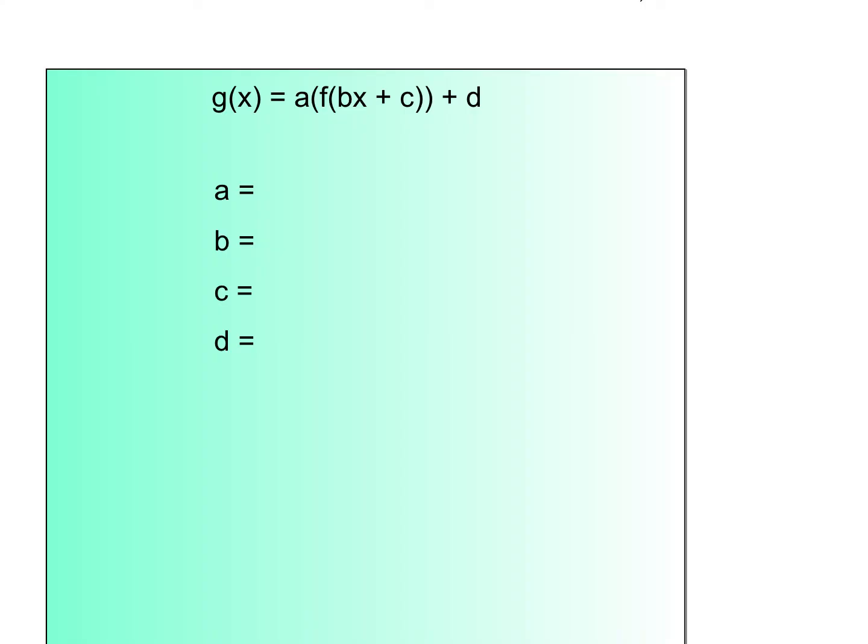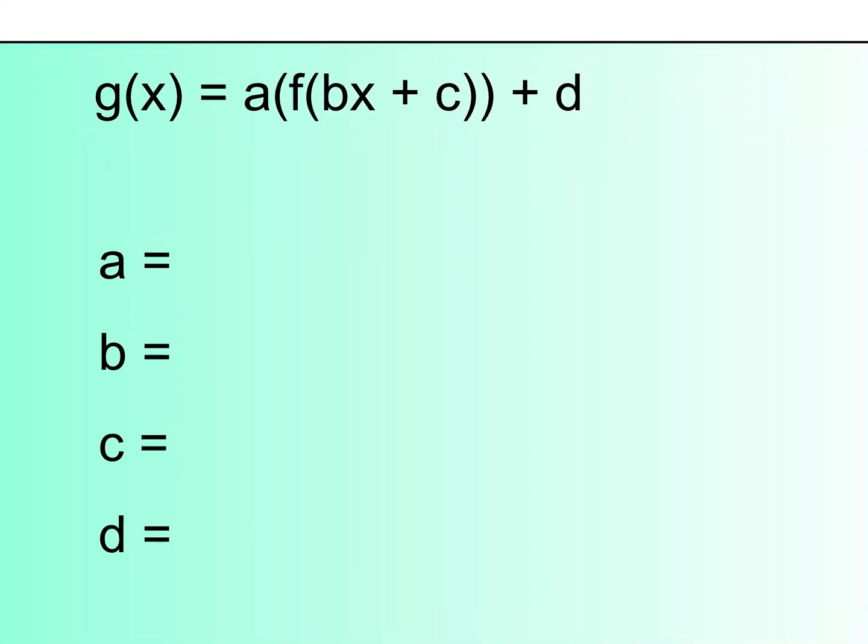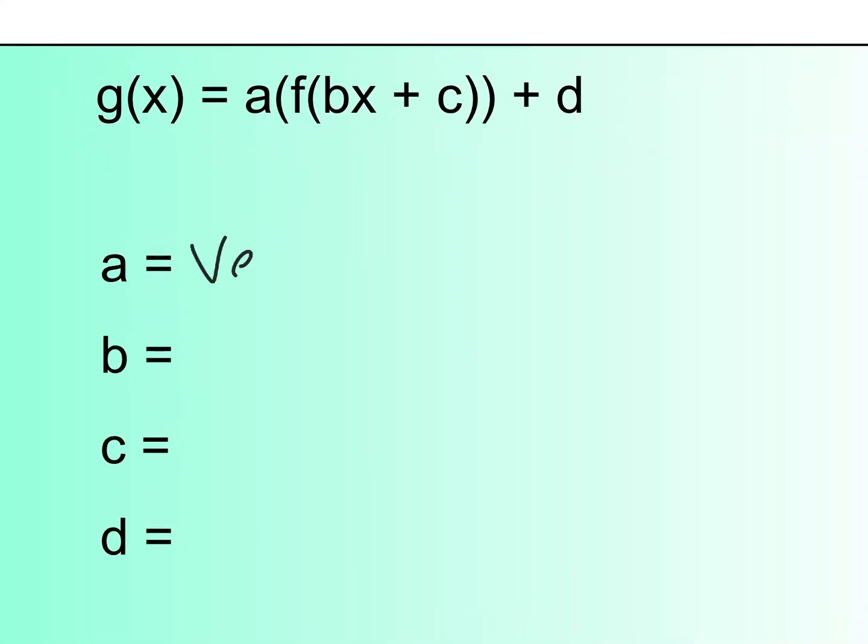Okay, moving on. This is just saying A will be a vertical stretch. F is not a thing. It's the f of x. See, this is f of x. And A, B, C, and D are the changes to f of x. So f isn't like a change. F is just part of f of x. B will be a horizontal stretch.